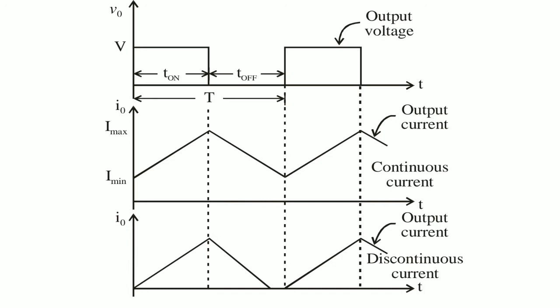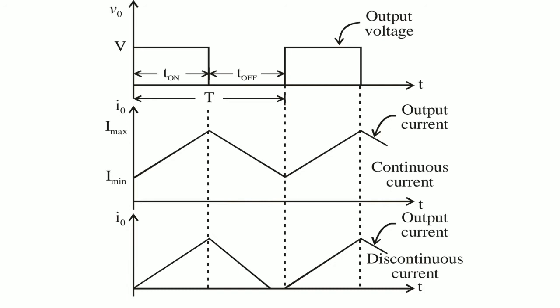Again we turn on the SCR or the chopper and we get output voltage. T on plus T off is nothing but the complete time period capital T, which is shown in this waveform. The second waveform shows the continuous current waveform, that is the output current across the load.